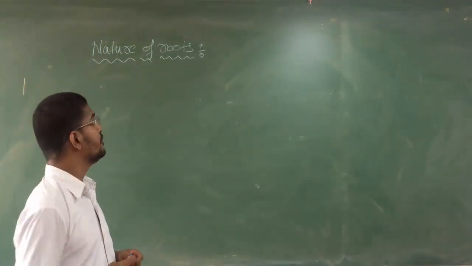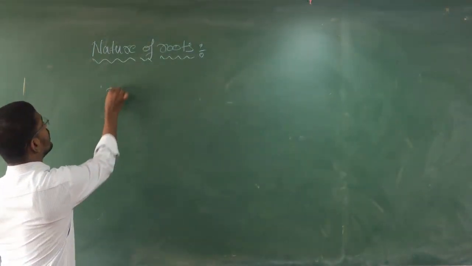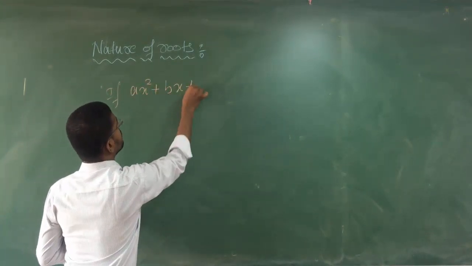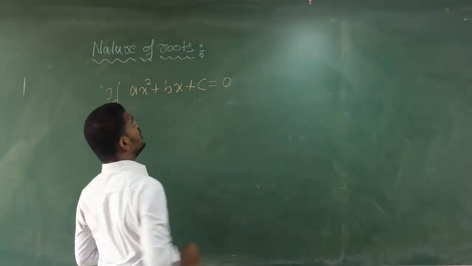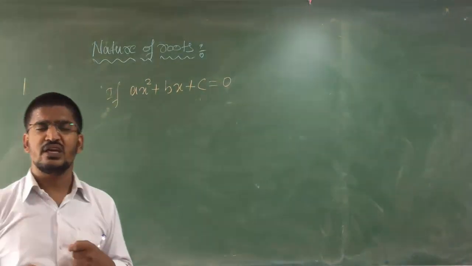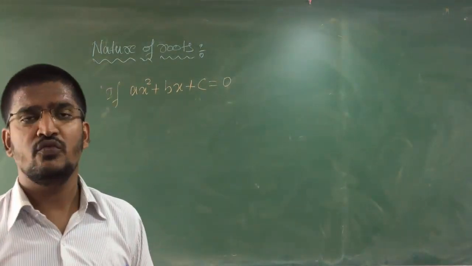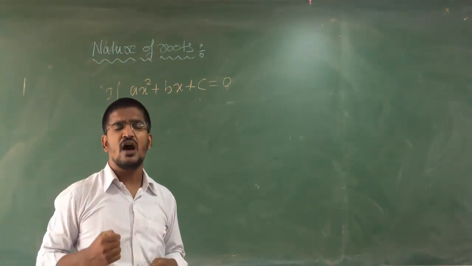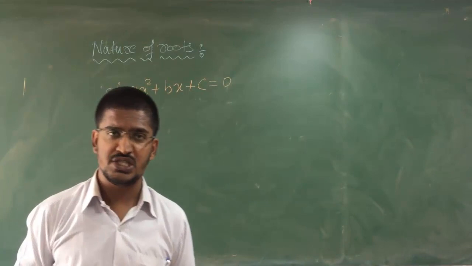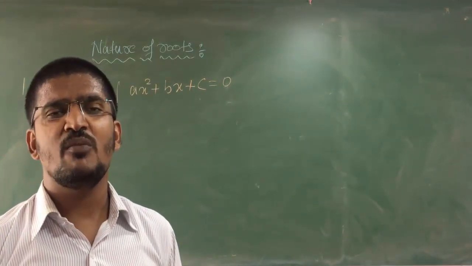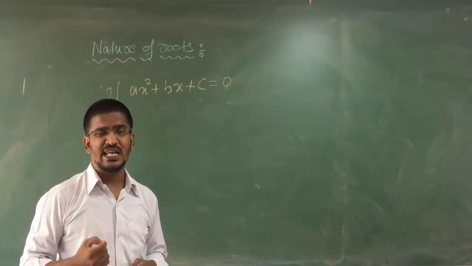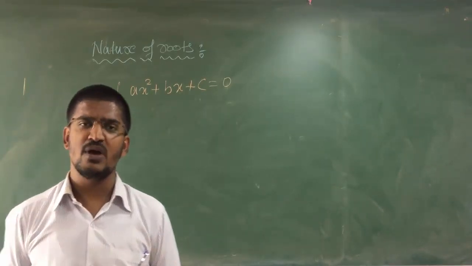Okay, here if ax square plus bx plus c equal to 0 is your given quadratic equation where a, b and c are going to be real numbers. That means a, b and c belong to the real number set. Are you getting my point?